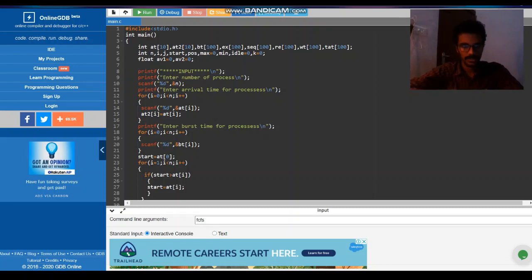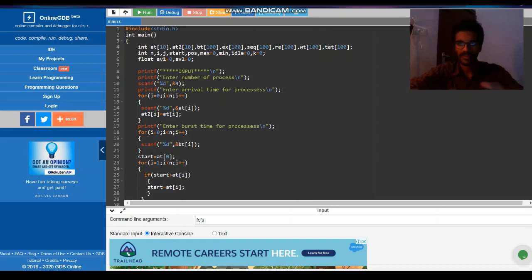Here's my first one, that is FCFS. So #include stdio.h, the main function gets opened. I'm declaring the variables AT, BT, EX, SEQ, RE, WT, and average waiting time, and assigning all the variables a maximum size of 100.